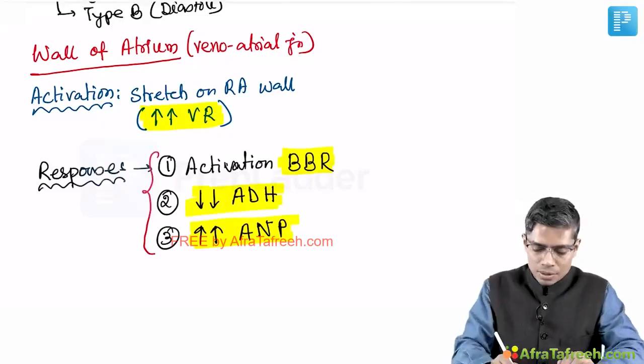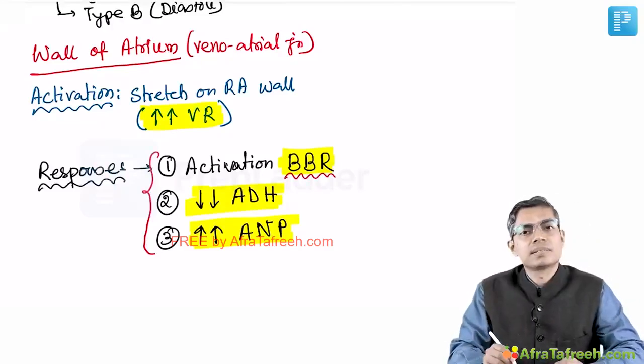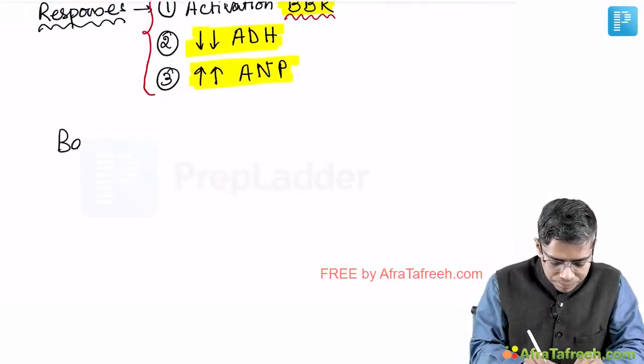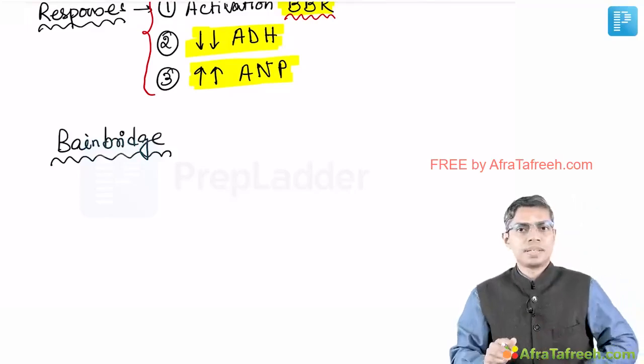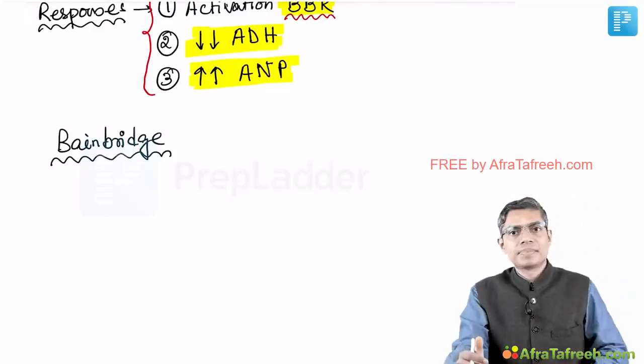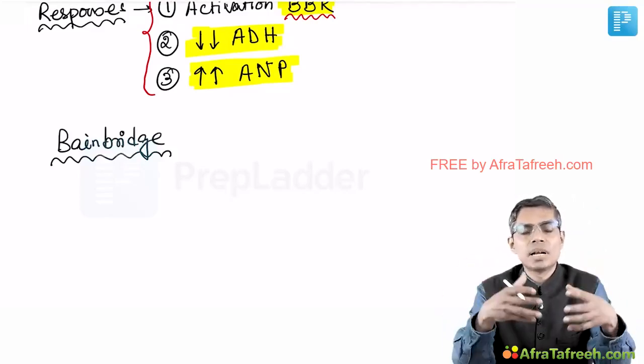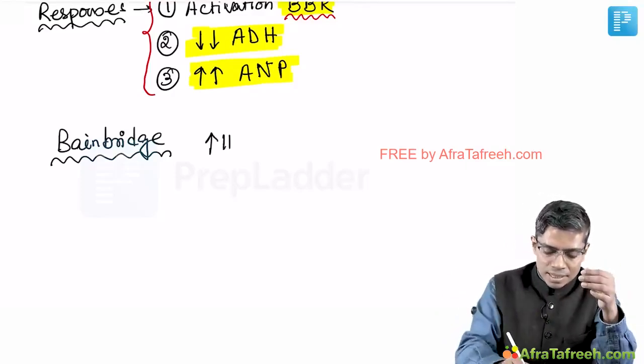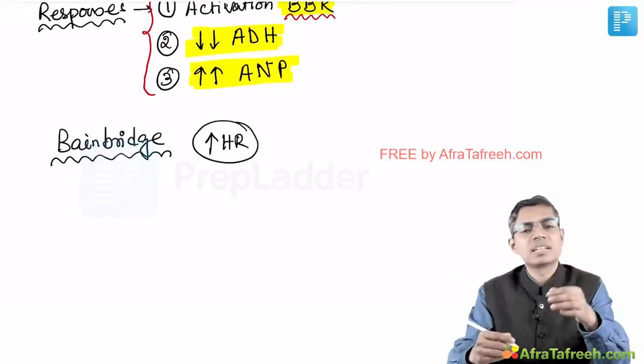Now we are going to discuss what this Bainbridge reflex is. Bainbridge first proved that in an animal, if you infuse a certain volume of blood or fluid, it increases the heart rate, if the basal heart rate is low.